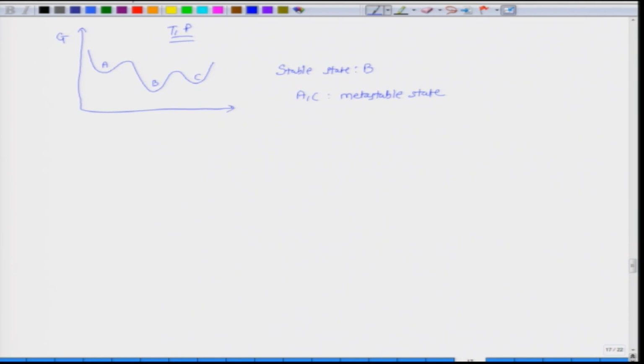Now, the temporary time frame will depend upon the kinetics, right. So, for example, what is the example that you know of a metastable state? Diamond. Or in steels we have martensite, right. So, typically iron at room temperature will exist as BCC, or mild steel the low temperature stable phase is BCC or alpha. But if you quench it fast, austenite, instead of transforming to alpha, will transform to martensite, and that martensite is a metastable phase.